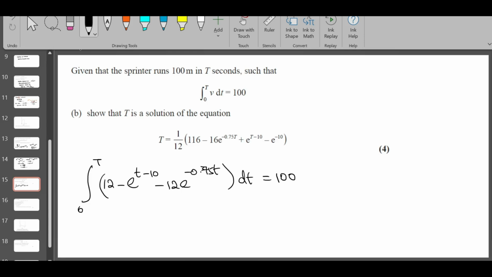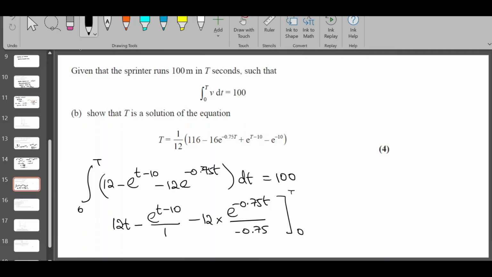When you integrate it, you're going to get 12t minus e power t minus 10 divided by the coefficient of t. Coefficient of t is 1. Minus 12 e power minus 0.75t divided by the coefficient of t, is equal to 100. Hope you understand this.